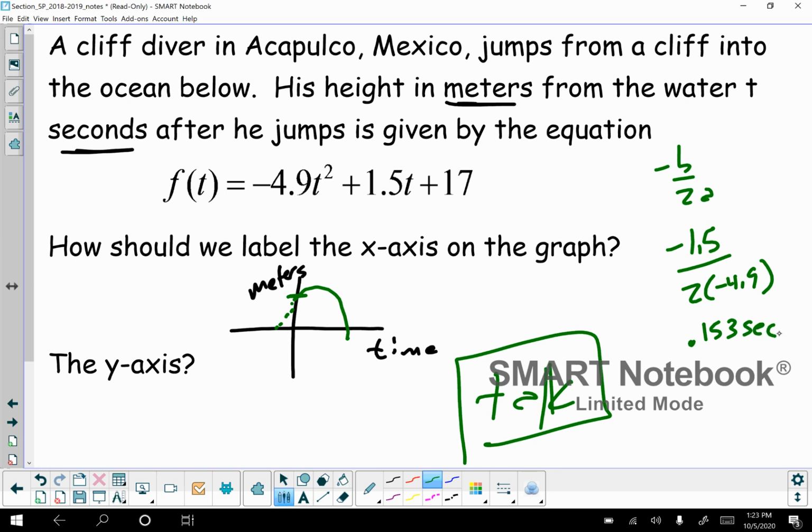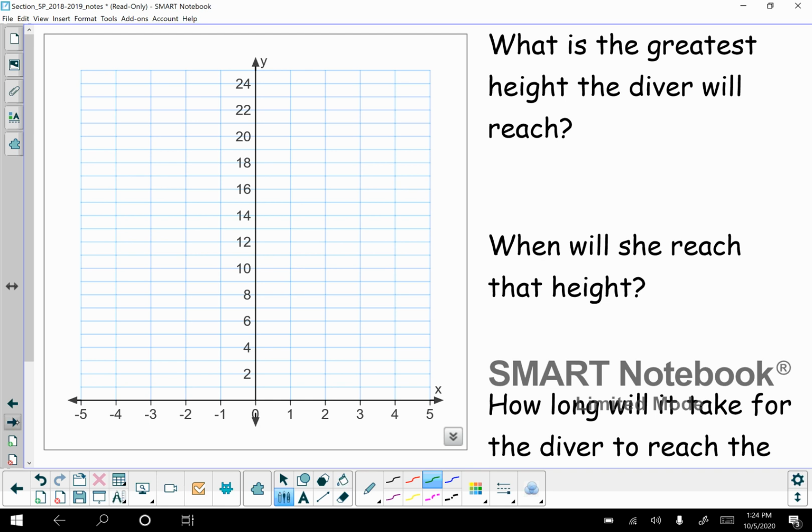So once the person has jumped, 0.153 seconds been in the air. Then we would plug that in.